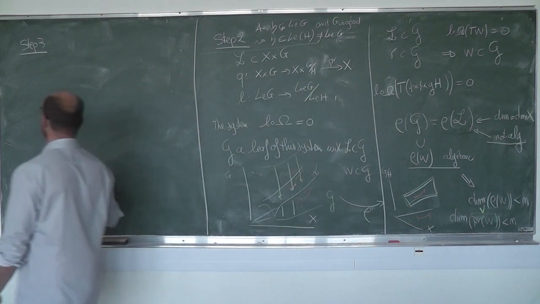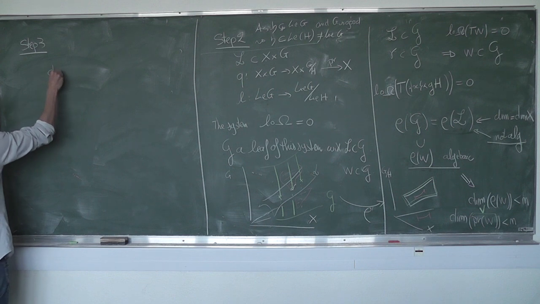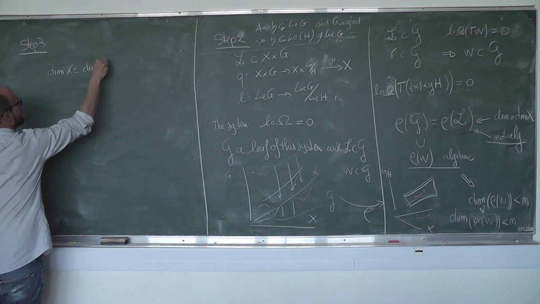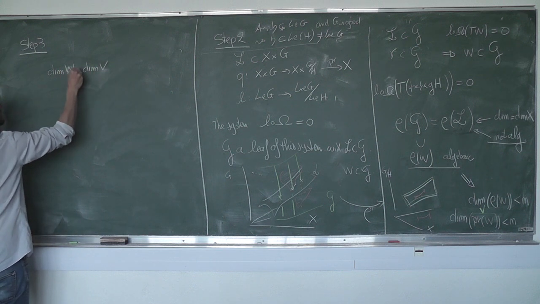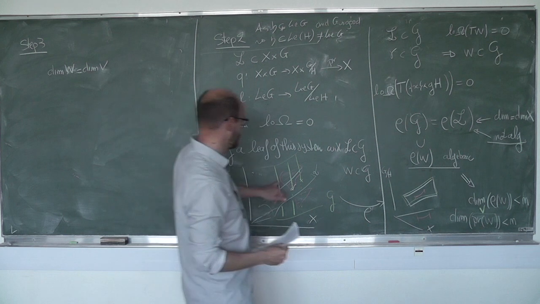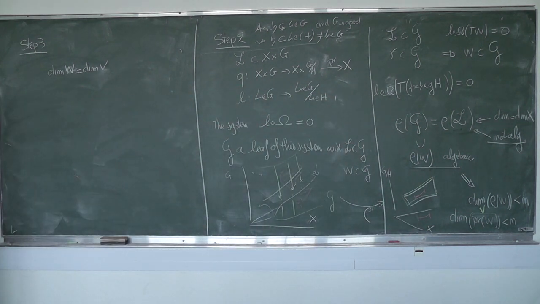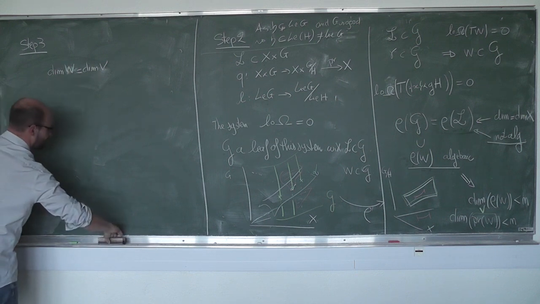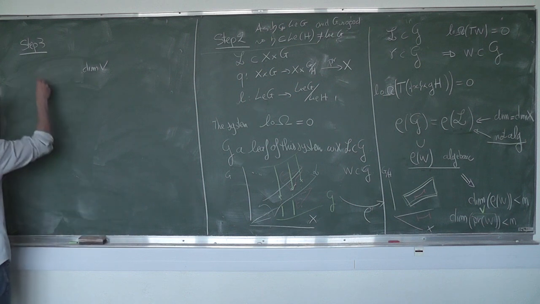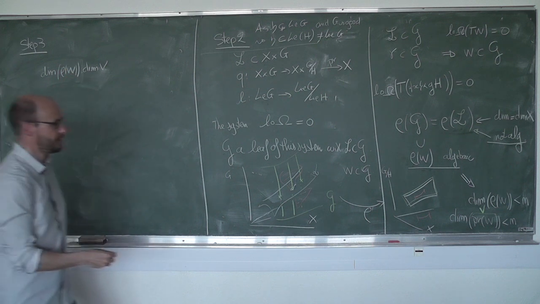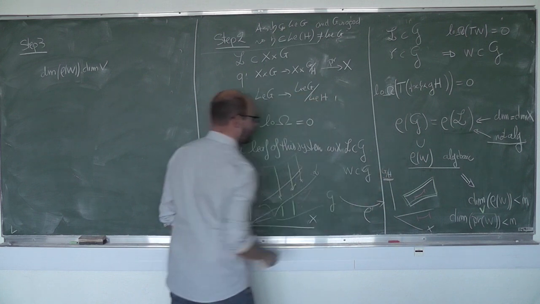So you have the dimension of X is equal to the dimension of W. Yeah? So your W here is somewhere there. Okay, now, sorry for that, dimension of rho of W. Yeah? The rho is here in the quotient space.